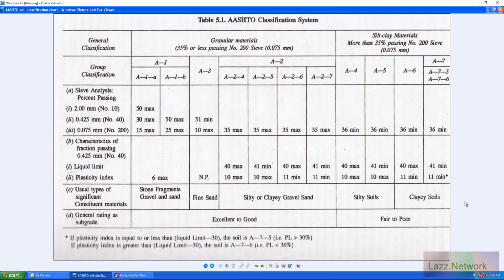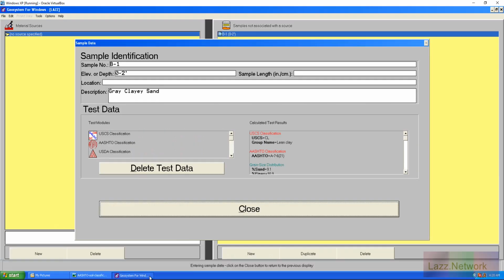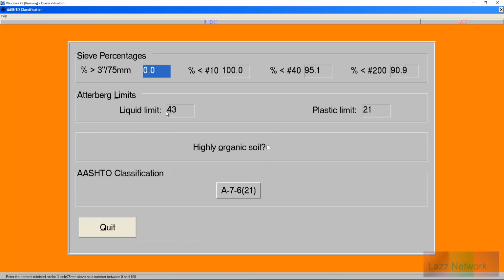Or oh no, because it's saying it's an A76, but you can only pick an A76 if your plastic index is greater than your liquid limit. But our liquid limit is like 42, 43.